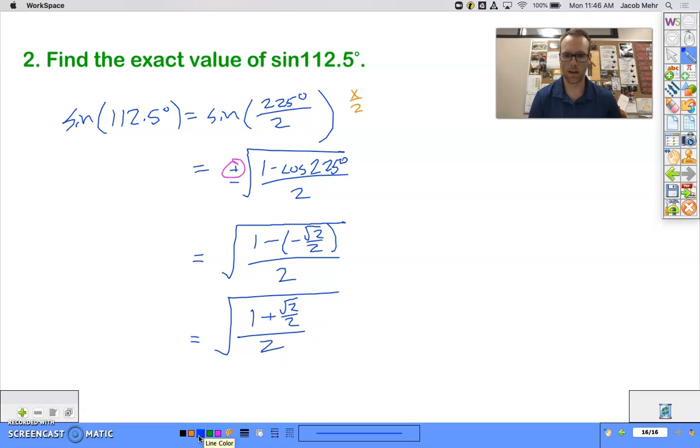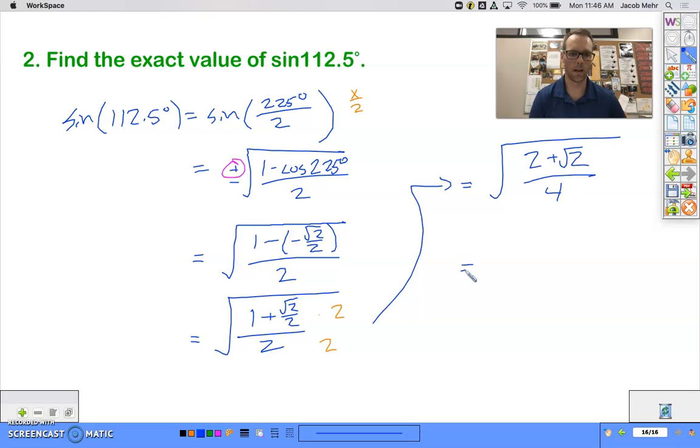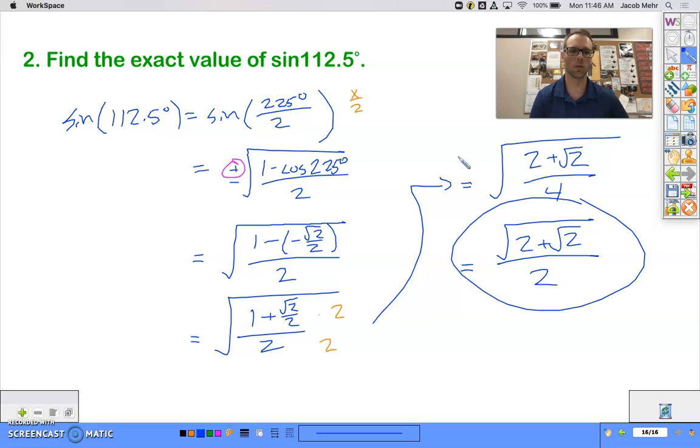I will multiply top and bottom by 2 again. Slide it up here. This is the square root, making sure I distribute the 2, of 2 plus the square root of 2 over 4. And I can take the square root of the top, which doesn't simplify, over the square root of the bottom, which does simplify to be 2. We get the square root of 2 plus root 2, over 2.